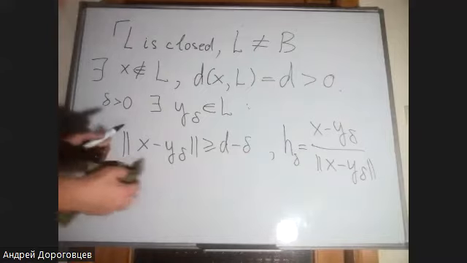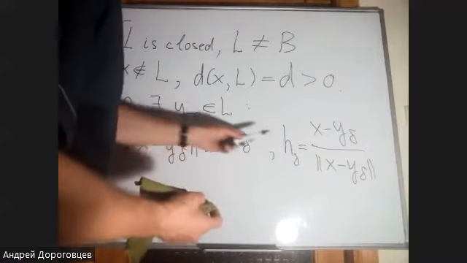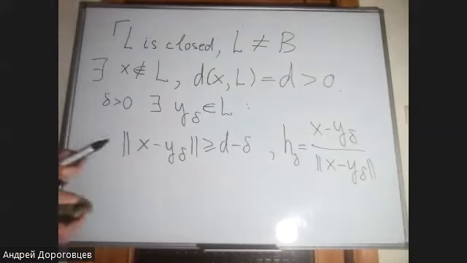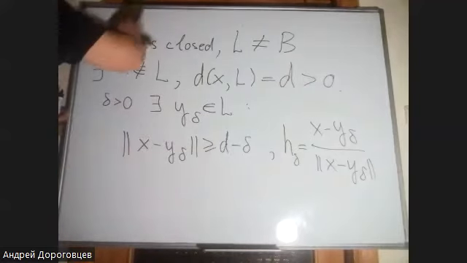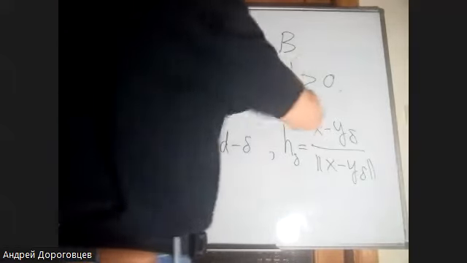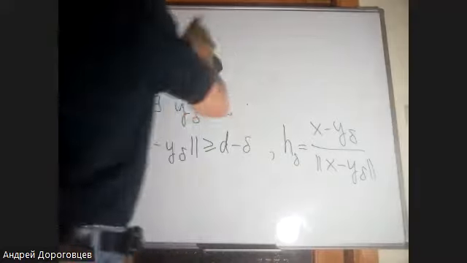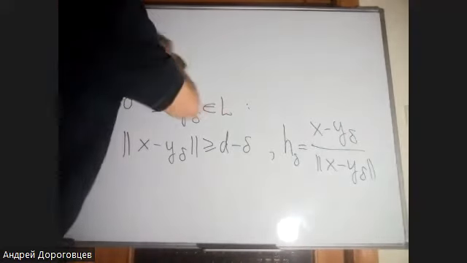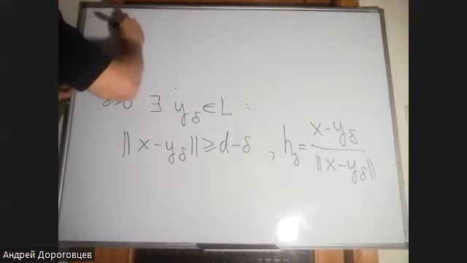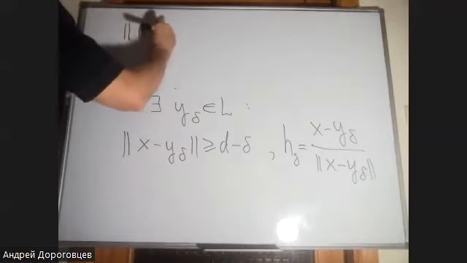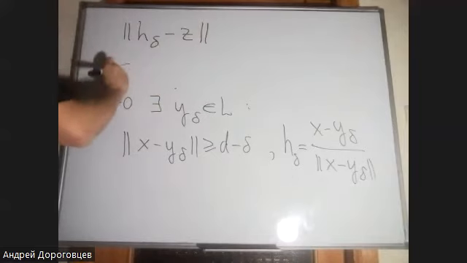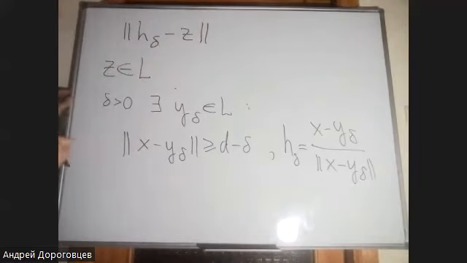So now let us consider the distance between h delta and our space L. To do this, let us consider the norm of the difference h delta minus z, where z belongs to our space.